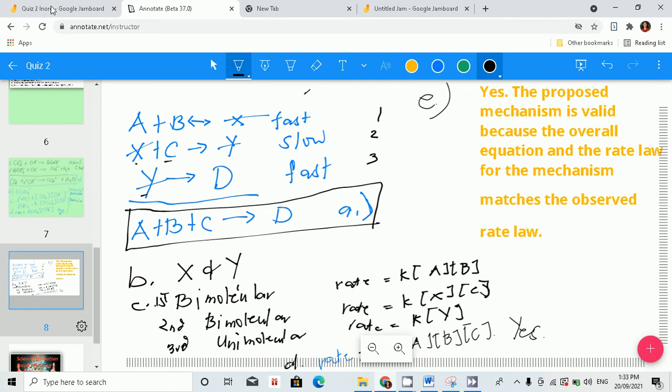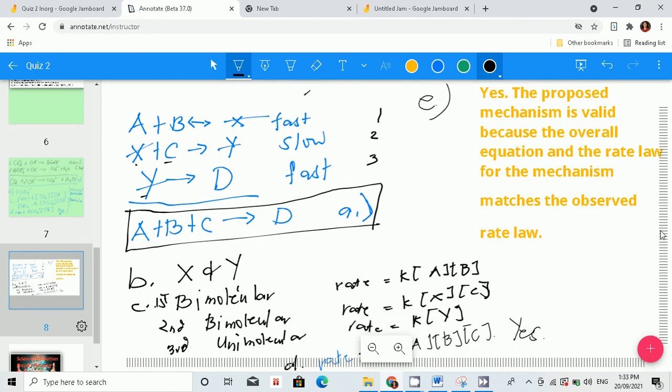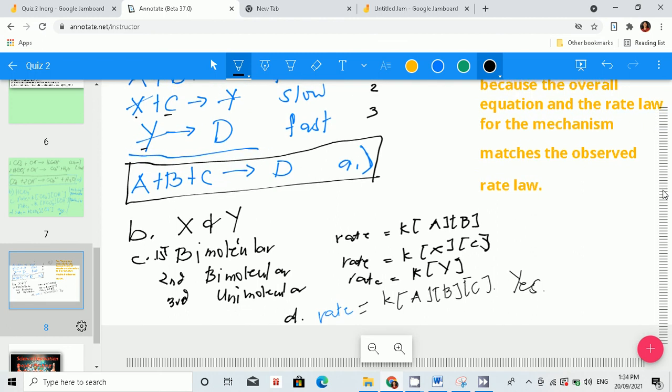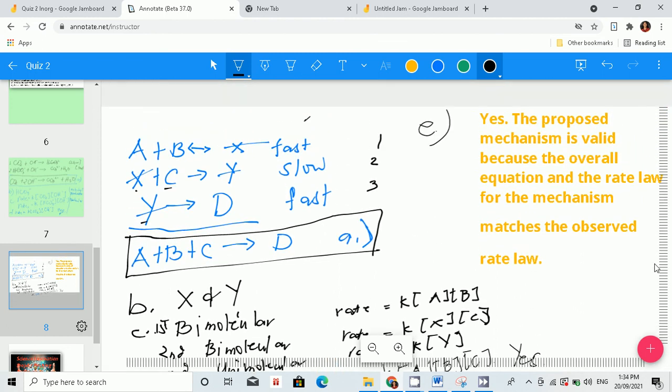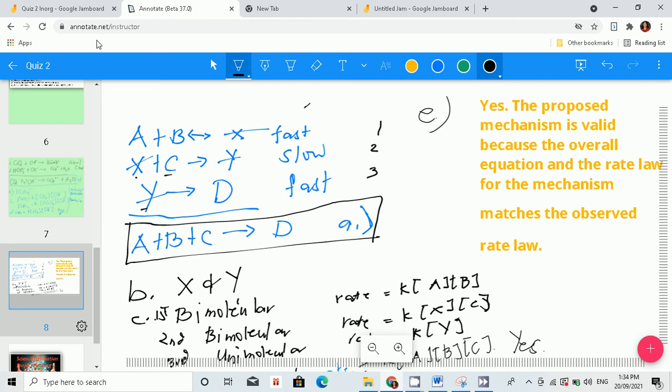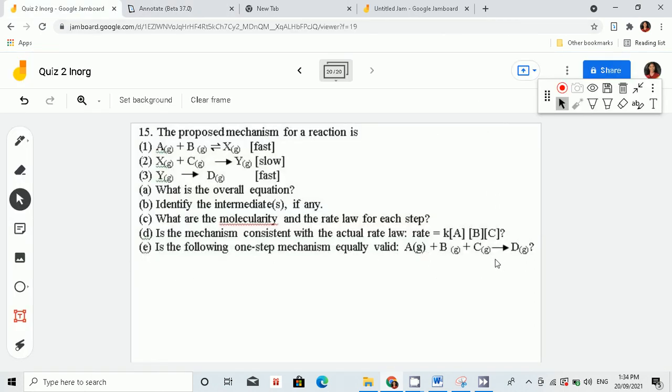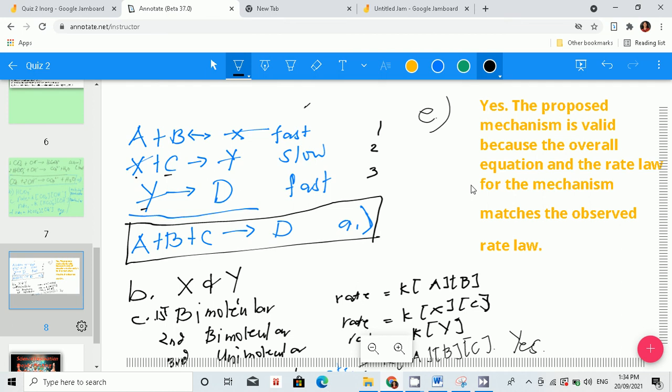As we can see, the overall rate here is k times A times B times C, and this is equal to the proposed mechanism, which is A plus B plus C yields D. So our answer is yes, the proposed mechanism is valid because the rate law for the mechanism matches the observed rate law.